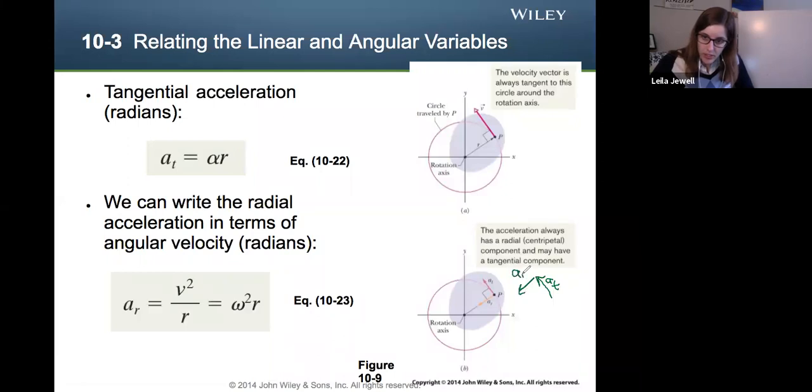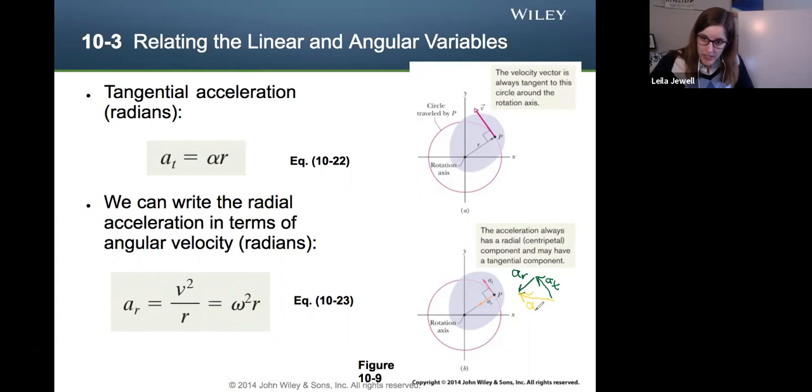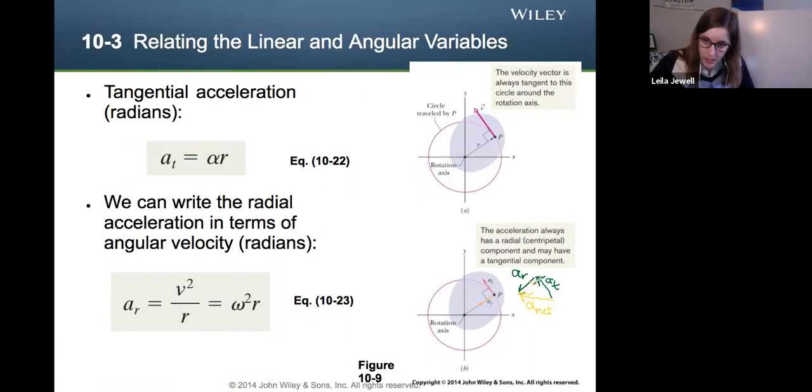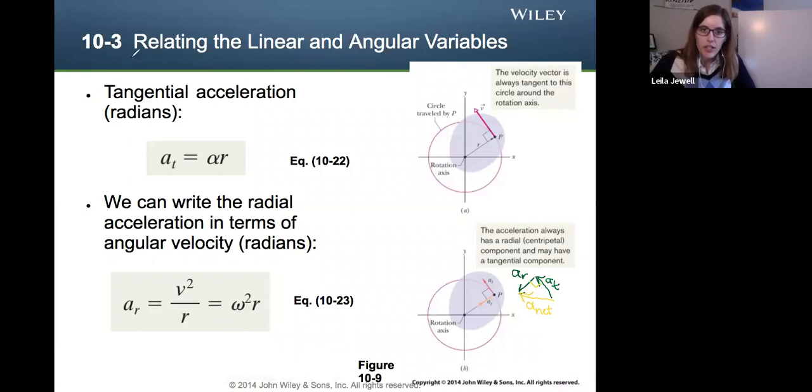So this is my radial acceleration, and then my final overall resultant would be from the original tail to the final tip. Sorry, the yellow is a little light. And that would be my net acceleration. So you'd have to think some about vectors and how you can combine them. But because this is a right angle, you can get magnitudes by just using the Pythagorean theorem. And that is pretty useful.